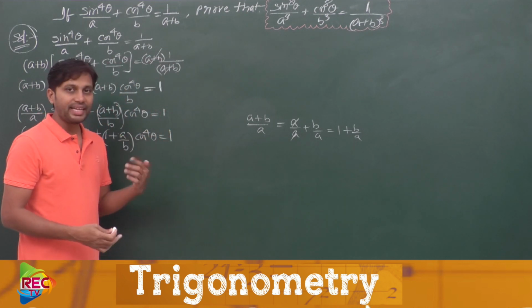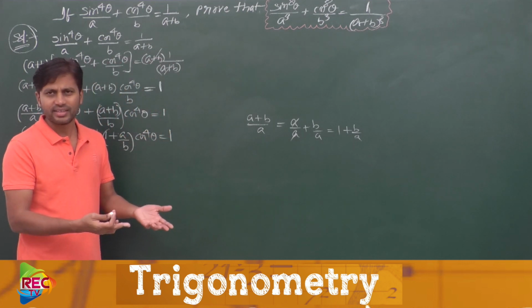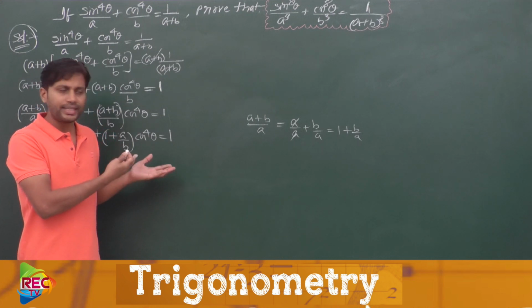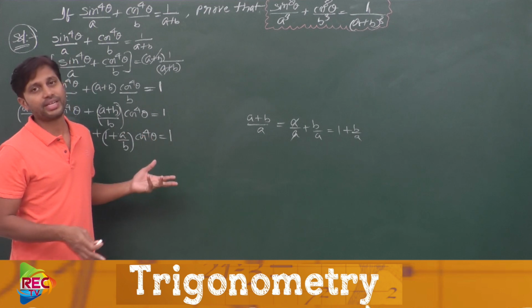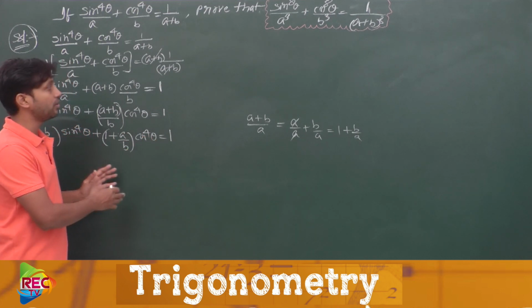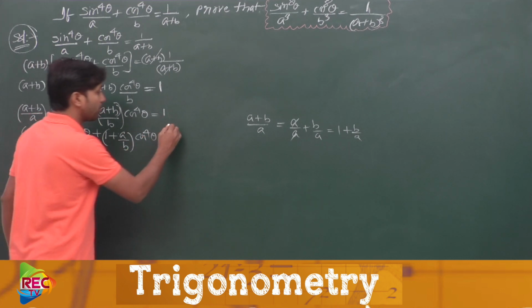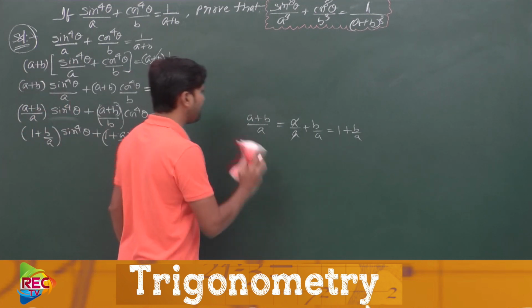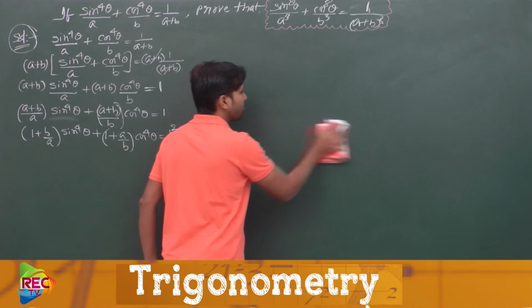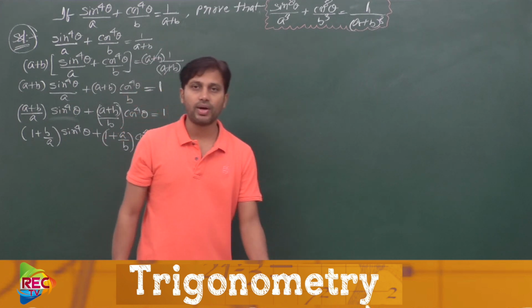That 1 can be written as what? 1 square. Understand? There is no problem at all if you write it as 1 square or 1 cube. Let us put down the square here for our convenience, to get the next step. 1 square I am writing here. Now let us take the advantage of sin^2 θ plus cos^2 θ equal to 1.